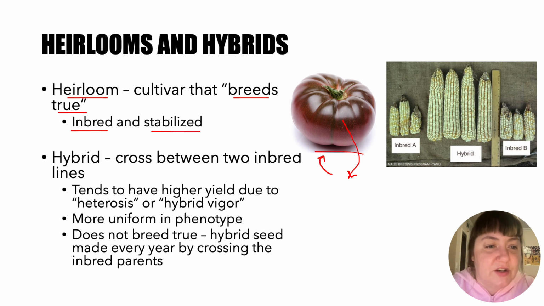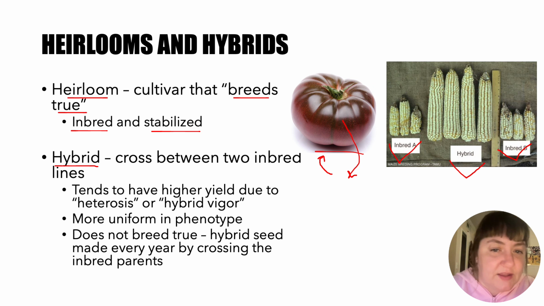Okay, the other term is hybrid. Here's the example with hybrid corn, invented by George Shull. A hybrid, just like how Mendel used it, is a cross between two inbred lines. But something that was noticed, and this has been shown to be true for a lot of different species, is that the hybrid tends to be higher yielding and oftentimes bigger than either parent for some reason.